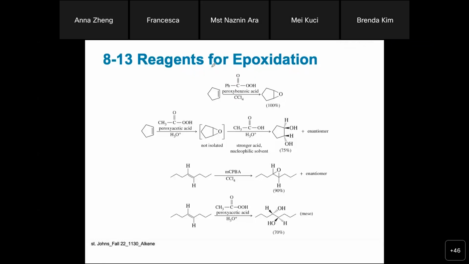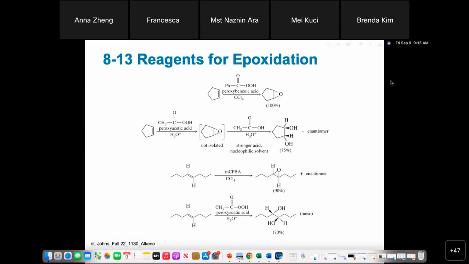As I said, the first one, peroxybenzoic acid, is a very strong epoxidizing agent, and this is a one-step epoxidation reaction of an alkene, where the double bond breaks and this type of epoxide compound forms. It forms almost 100%, and they can also produce almost 75% of the stereo product here.